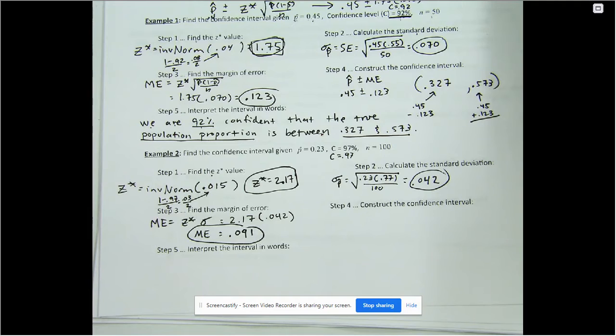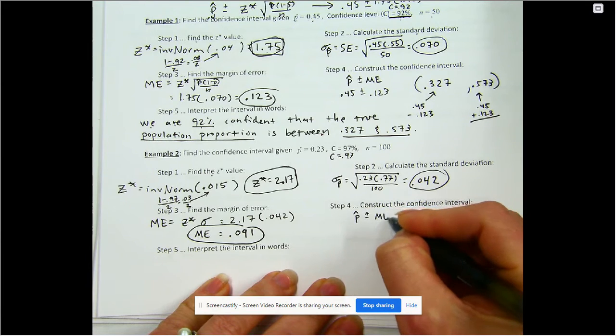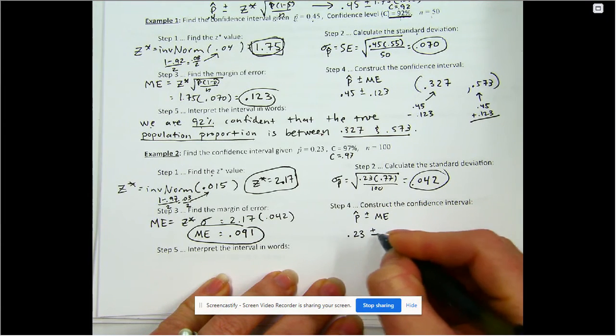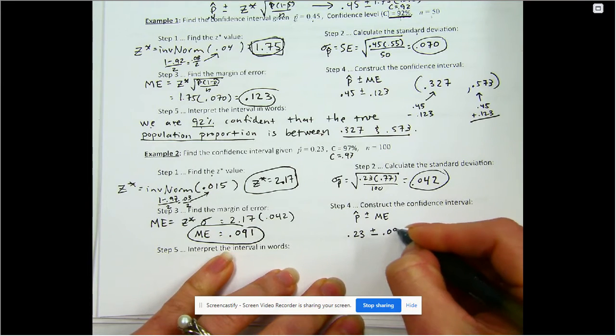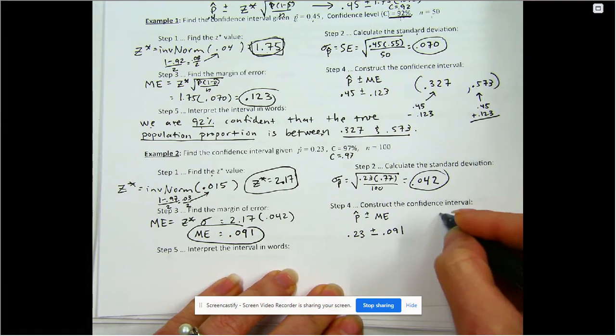Okay, so now I'm ready to construct that interval. Again, to construct an interval, I take my p hat and I do plus or minus my margin of error. So my p hat is 0.23, plus or minus my margin of error, 0.091.